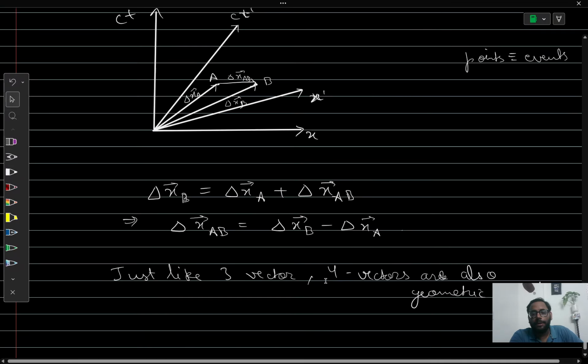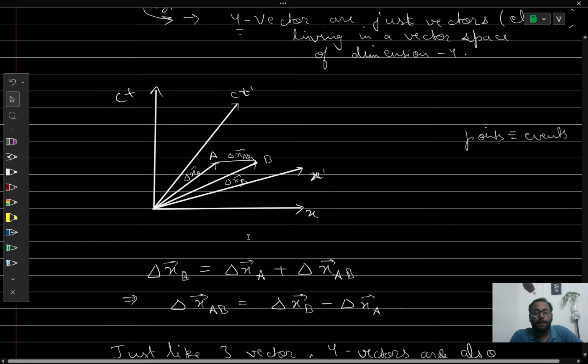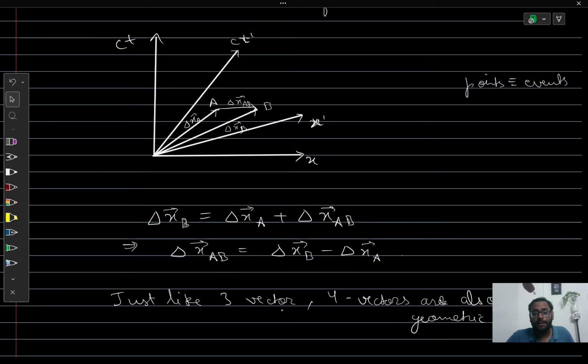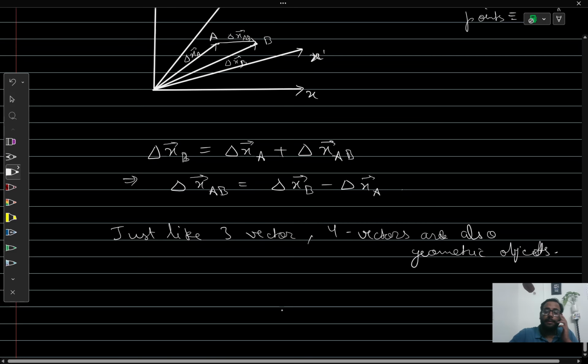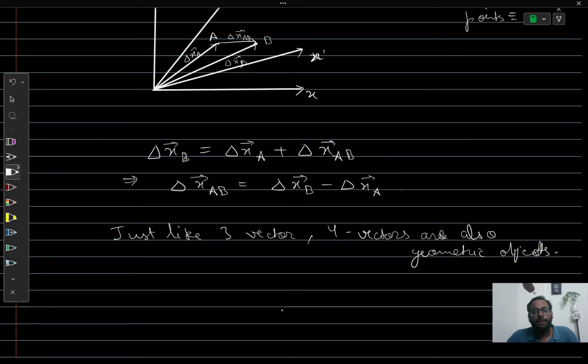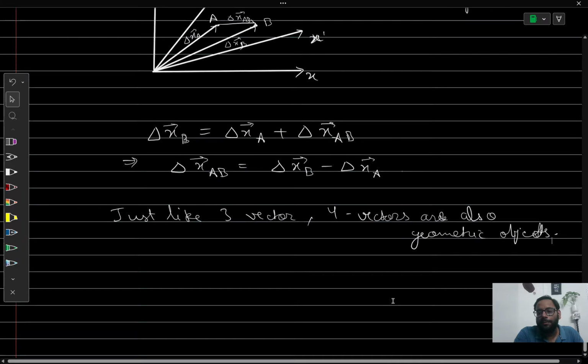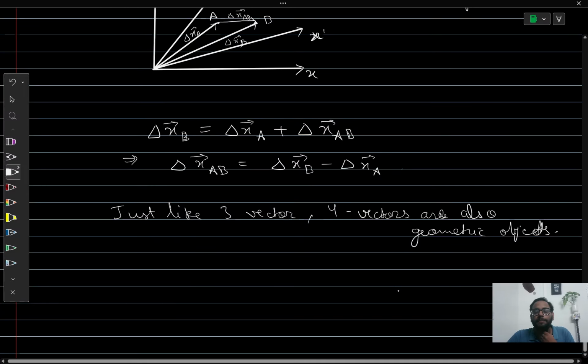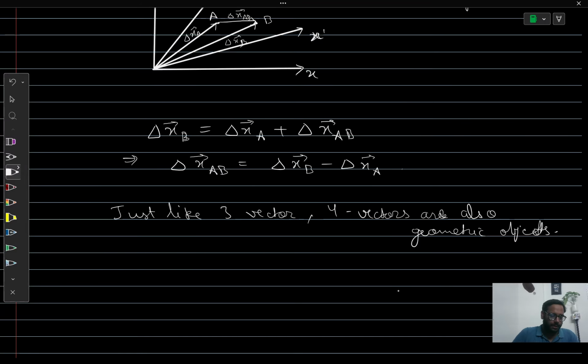I mean, the general properties of these vectors do not depend on which frame you are defining it from. It may have different representations in that particular frame, but the intrinsic properties, just like magnitude of an arrow or overall direction, do not actually depend on the frame, but in that particular frame it may have a representation. Okay, so this is the thing.